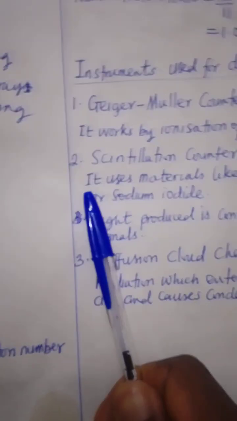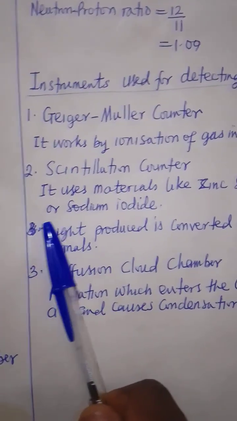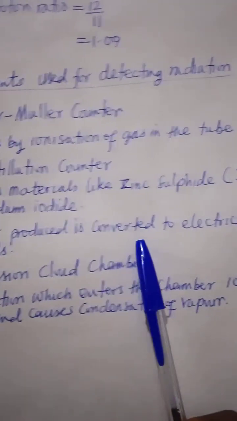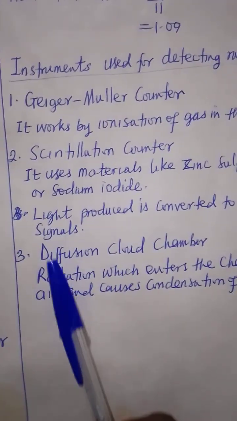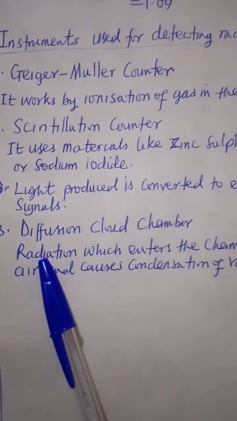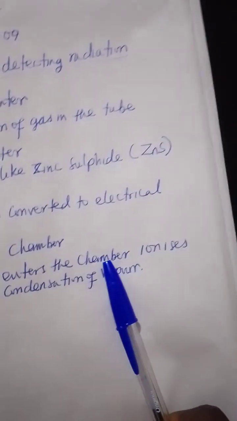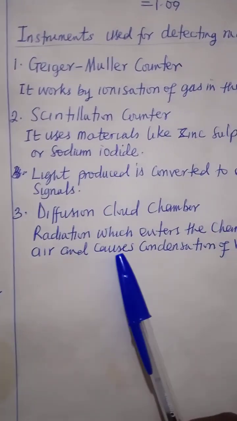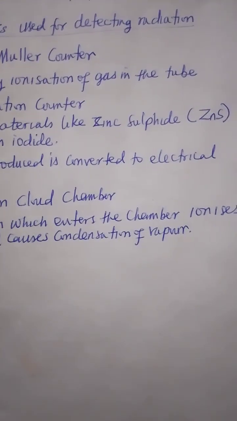Light produced is converted to electrical signals, which are then read on the counter. The third one is the diffusion cloud chamber. Radiation here enters the chamber and then ionizes air and causes condensation of vapor.